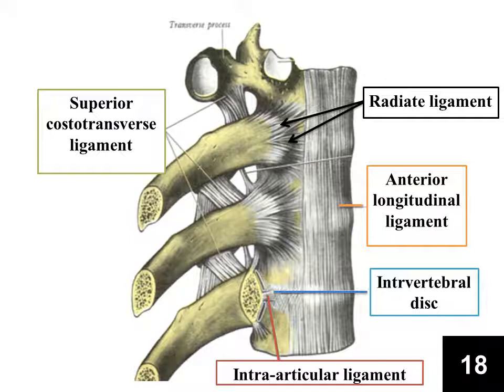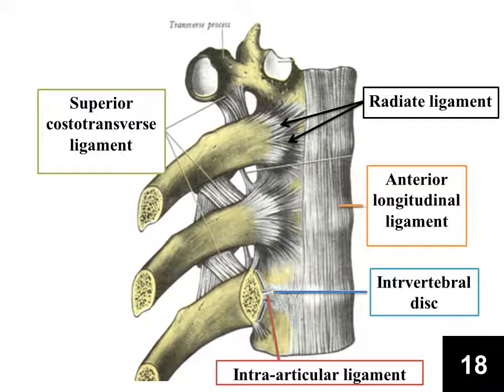Why costotransverse? Because it connects the rib, costo, to the transverse process. The last two ribs have no tubercle and make no articulation with the transverse process, but they are connected to the transverse process by a thin weak costotransverse ligament. They are tied by the ligament to the transverse process, but there is no articulation between them.